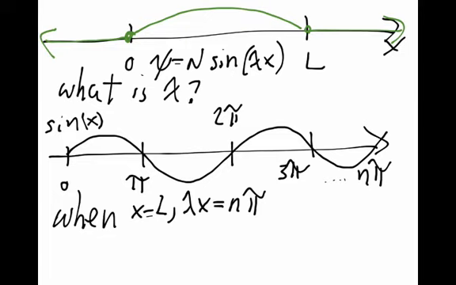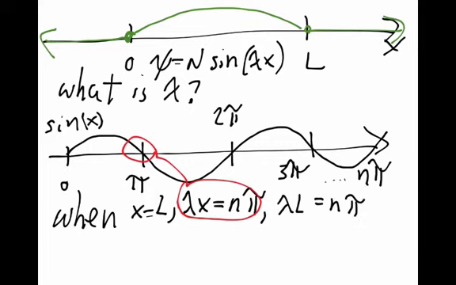We're solving this for n equals 1 for the simple case, but in general, we need that wave function to get to 0 at x equals L. And so any of these nodes, any of these values of n pi will actually work. So for the n equals 1 case, lambda times x equals just pi. But again, for the general case, any of them will do.